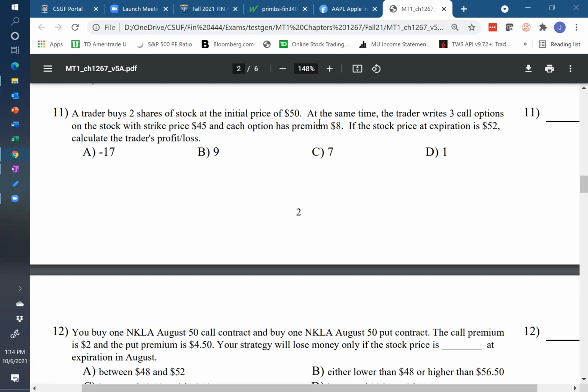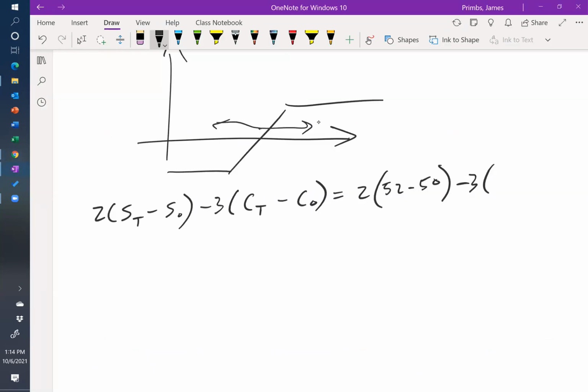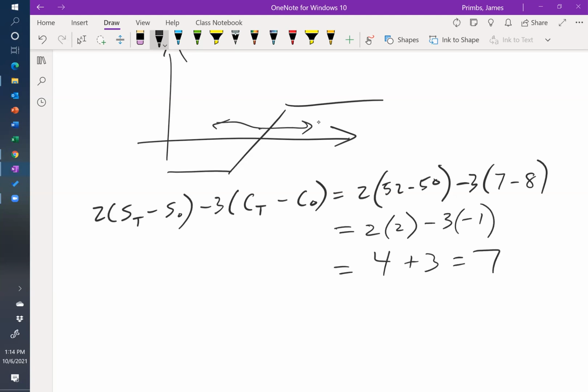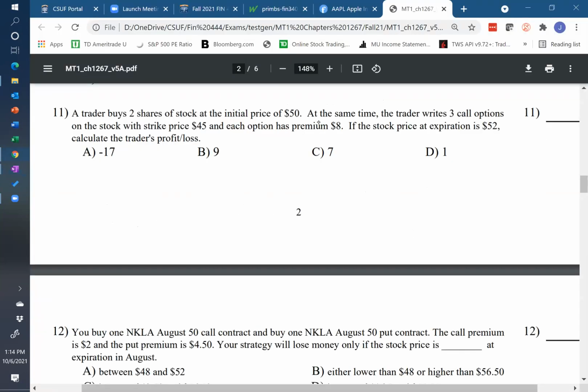What's going to be the payoff of the call? $7. And the price of each was 8. So payoff is 7. Price was 8. So I'm going to get 2 times 2, going to get 4 there, -3 times -1, 4 plus 3 or 7. So the answer is C.